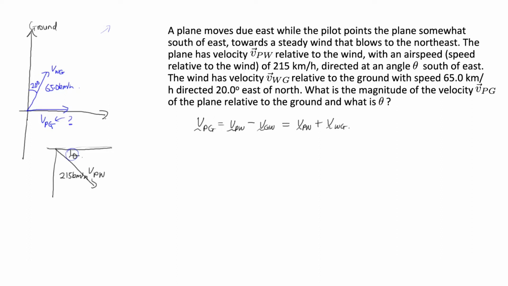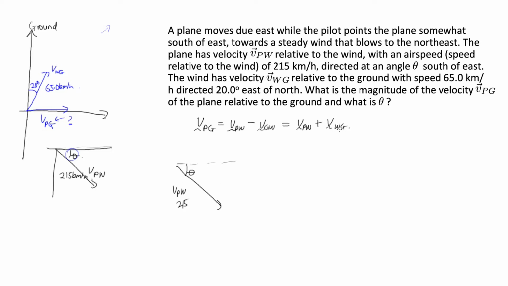And now we've got a nice vector equation because we've got this vector sketched here. We've got these two vectors. So this tells us that if we add these two vectors, this is our resultant vector. So let's add those vectors. So here's the velocity of the plane relative to the wind. This is 215. And this angle here is theta.